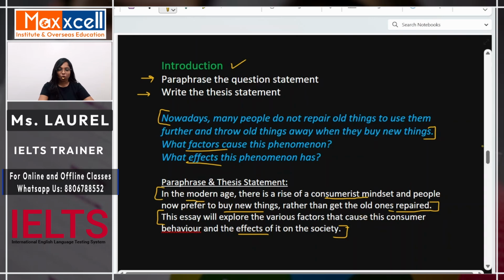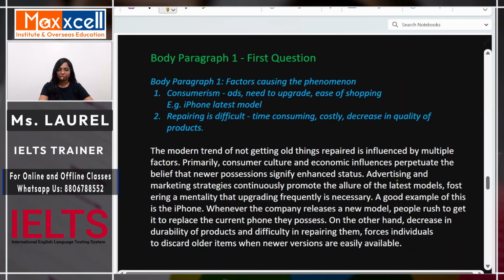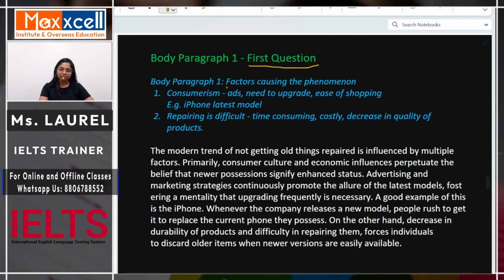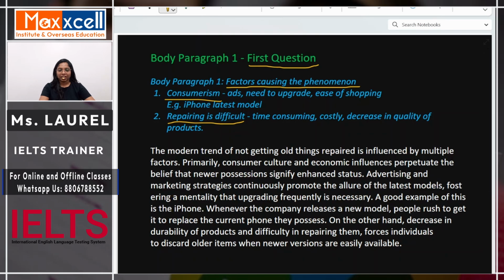Okay, so let's move on to the next paragraph, that is body paragraph 1, which we have dedicated to the first question. And as we have seen, the first question discusses the factors causing the phenomenon, and these were the points we had made: consumerism, repairing is difficult. So how have we put it into words? The modern trend of not getting old things repaired is influenced by multiple factors.